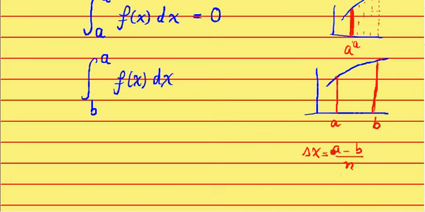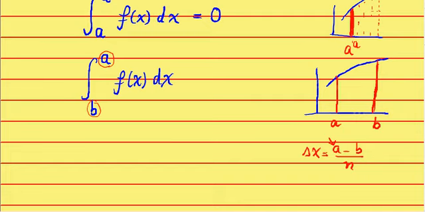By the definition of delta x, whatever is written as the upper limit of the integral is written first, and whatever is written as the lower limit is subtracted from that one.